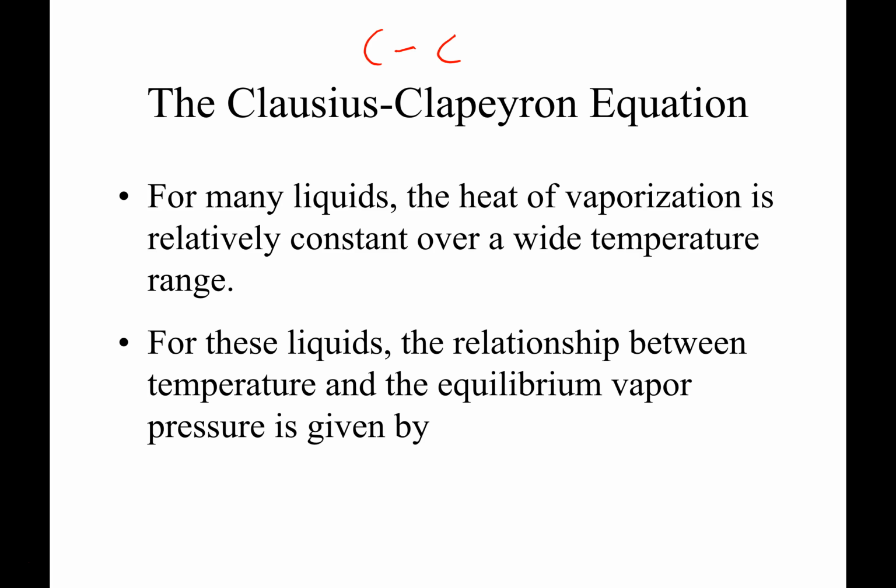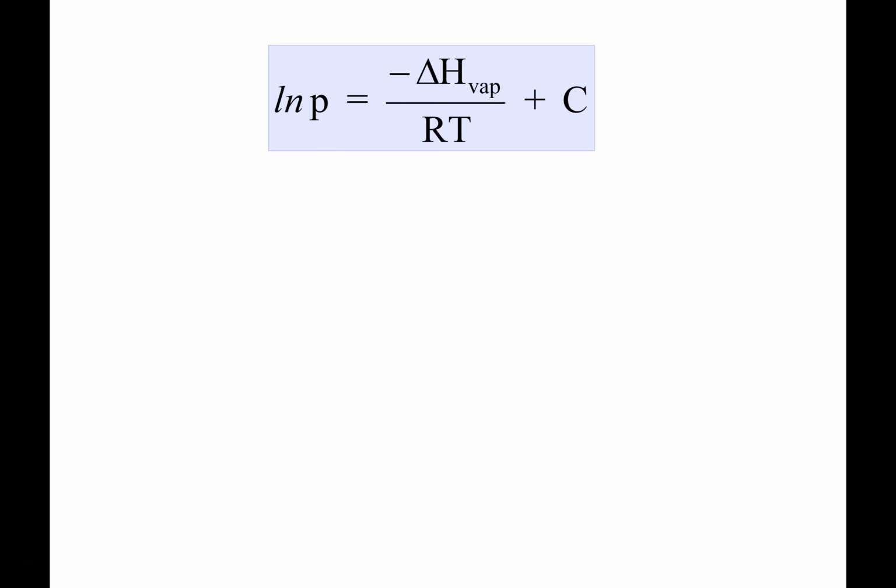So if your delta H vap is pretty constant, the heat of vaporization for a liquid at 100 degrees versus that same liquid at 200 degrees, if that's pretty constant, then we can actually make this a relationship between the temperature and the equilibrium vapor pressure. Okay. Didn't totally rush that, but I did just a little bit. So this actually is a Clausius-Clapeyron equation.